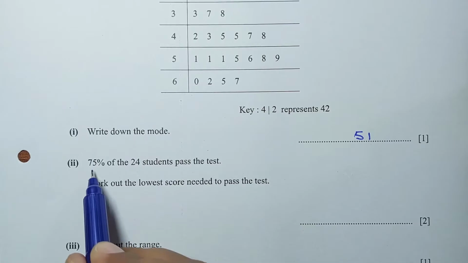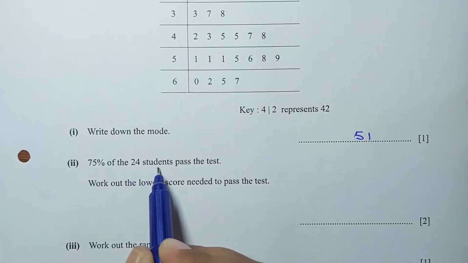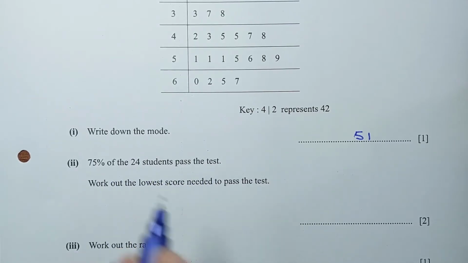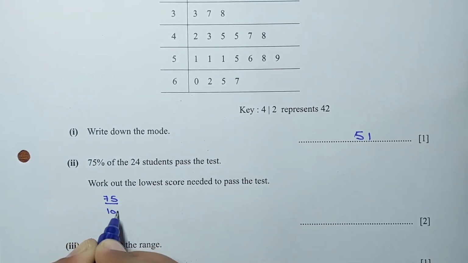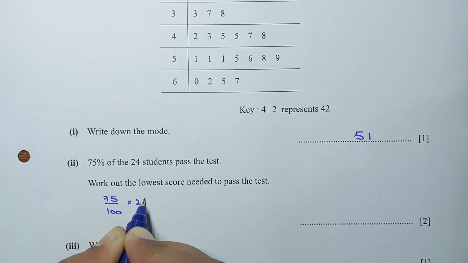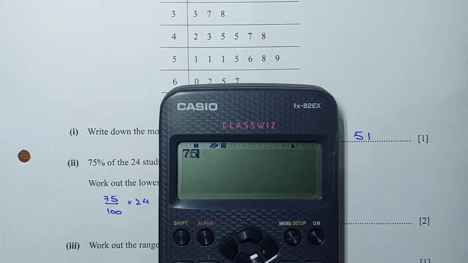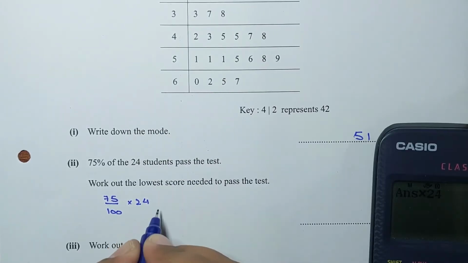Now for the second part, 75% of the 24 students pass the test. Okay, what is 75% of 24 students who pass the test? So 75% of 24 is 18 students pass the test.